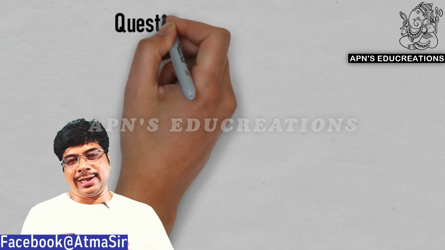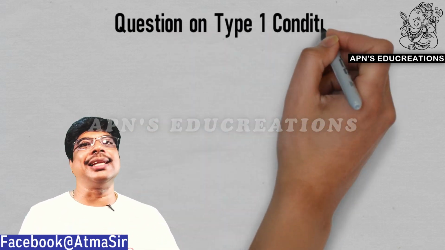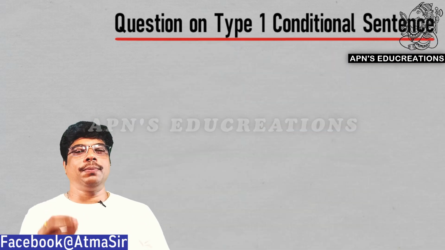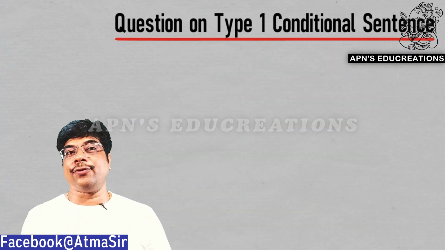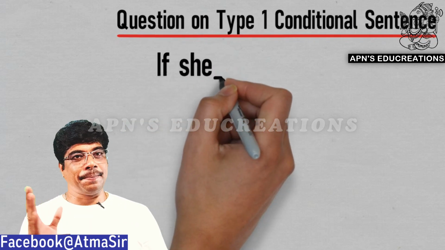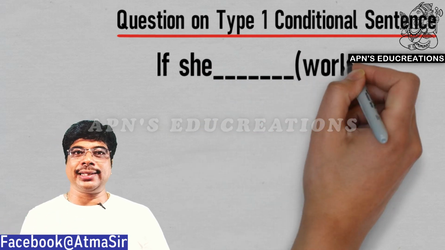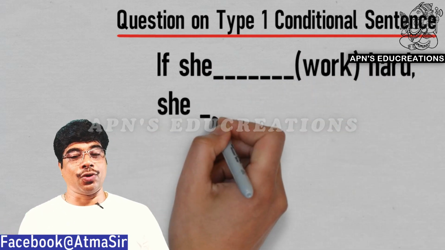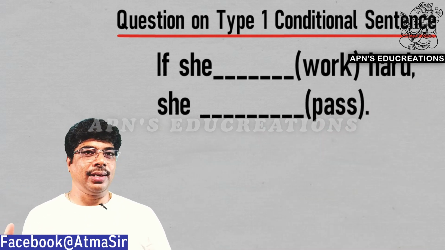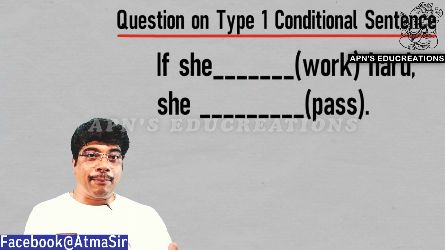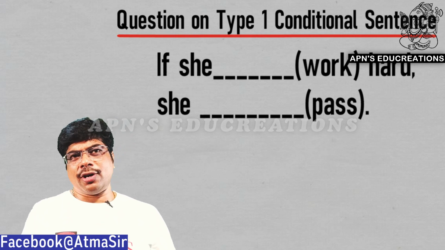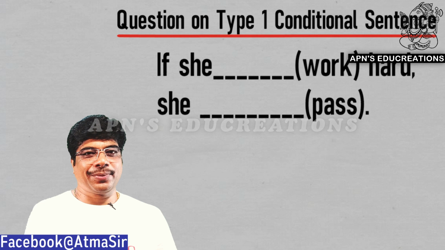Let me give you a question now based on type 1 conditional sentence. This is the question. You have to put the words in correct form which are in the bracket. The question is, if she (work) hard, she (pass). You have to use the appropriate forms of the verb given in the bracket. In the if clause part, the verb is work.